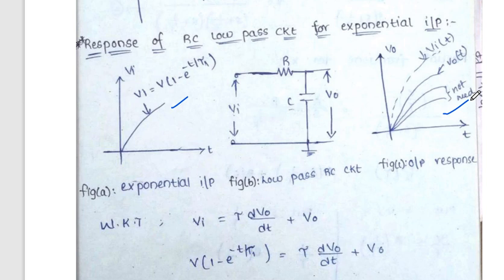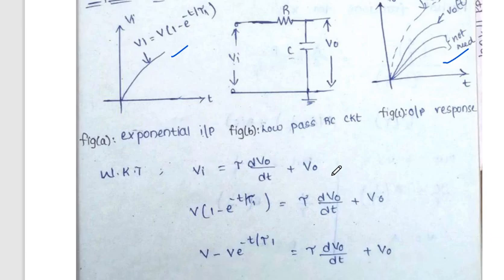Now, we are going to derive the mathematical expression for the output response for an exponential input signal. We already know the general expression for the low pass RC circuit. It can be written as Vi is equal to tau into dV0 by dt plus V0.